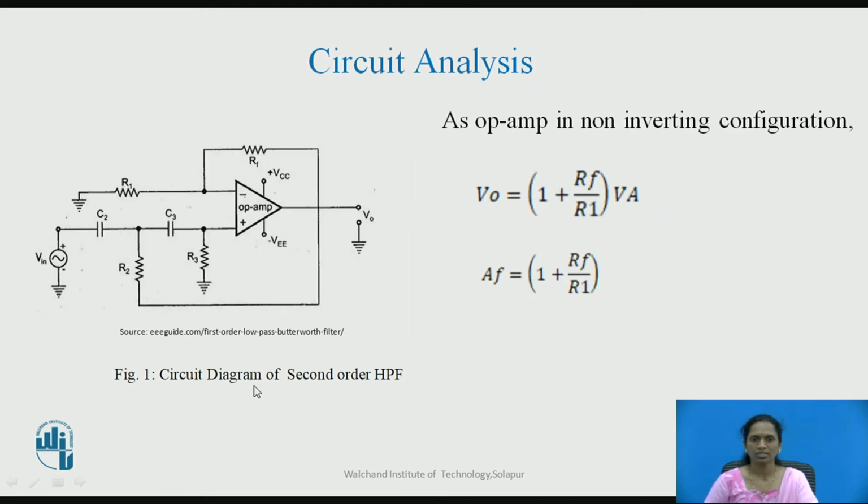Figure 1 shows the circuit diagram for the second order high pass filter, which passes the high frequencies, that is after FL it provides the large gain, and before FL, in the stop band, it provides attenuation at the rate of 40 dB per decade, due to the two CR network configurations.